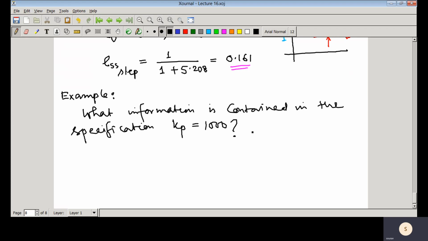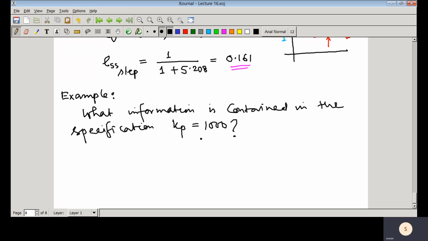Suppose a problem is given where it is said that Kp equal to 1000. From this particular specification, what information can you have? Kp is the position constant, and the position constant is associated with the step input.